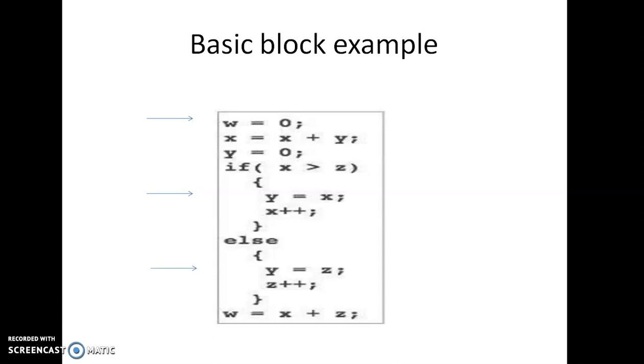And the third condition states the instruction that follows the branching instruction is also a header. So here the instruction following this branching instruction is w equals x plus z, because this instruction will be executed whether the condition has been satisfied or not.